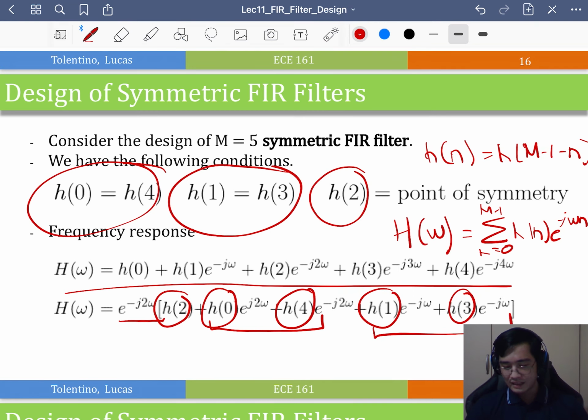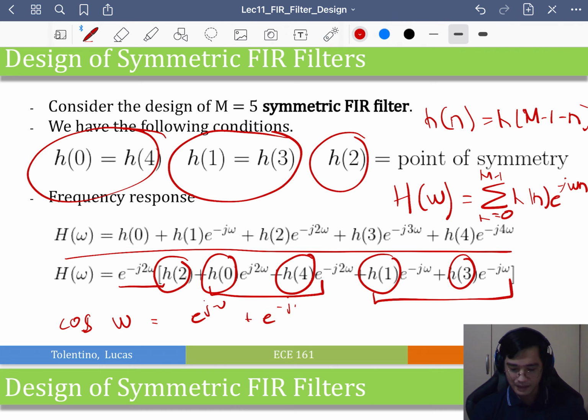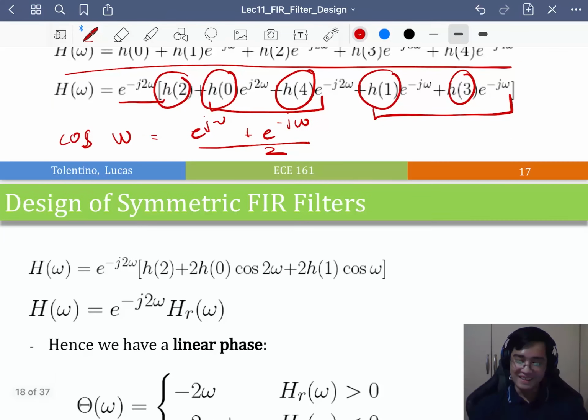Then we can use Euler's identity. Recall, cosine omega is equal to e to the j omega plus e to the minus j omega, over 2. Basically we have this.